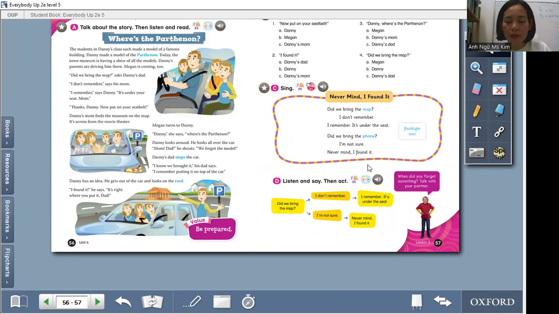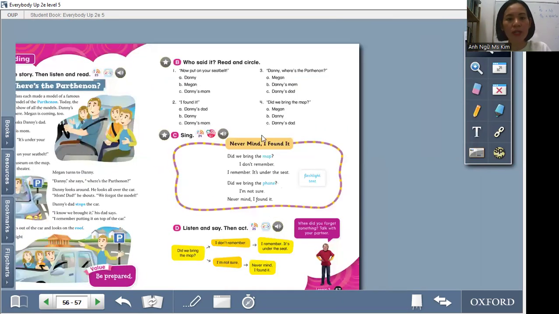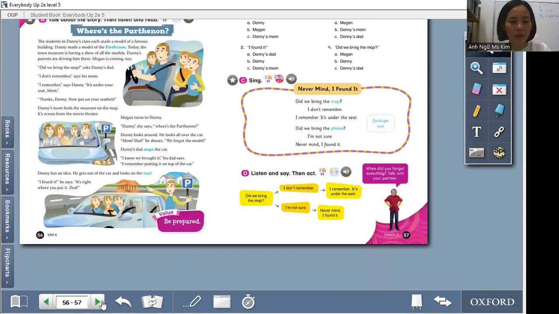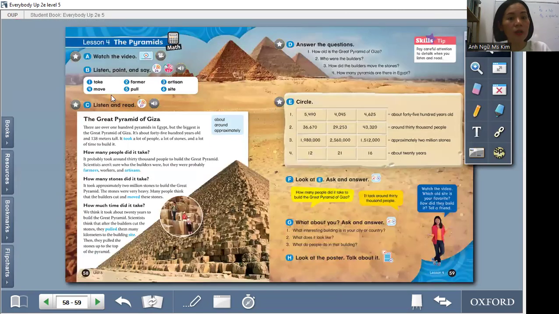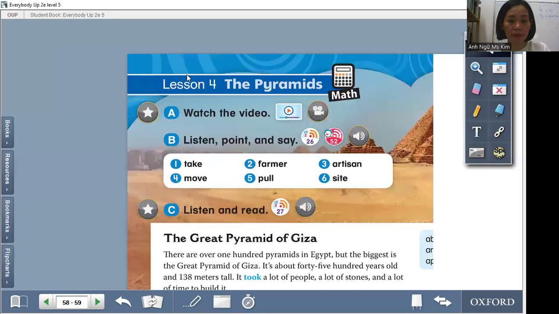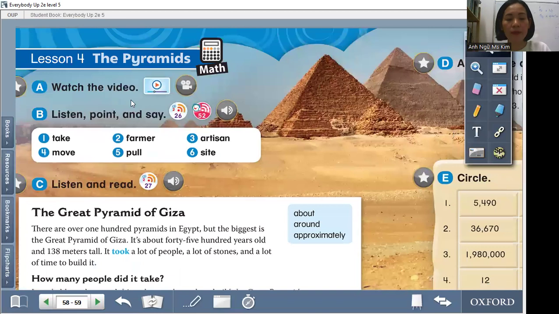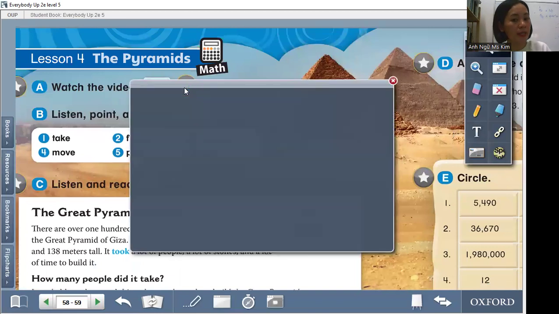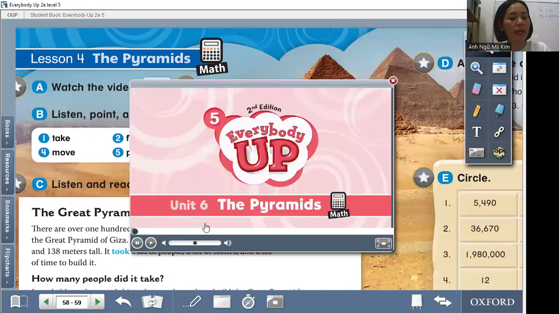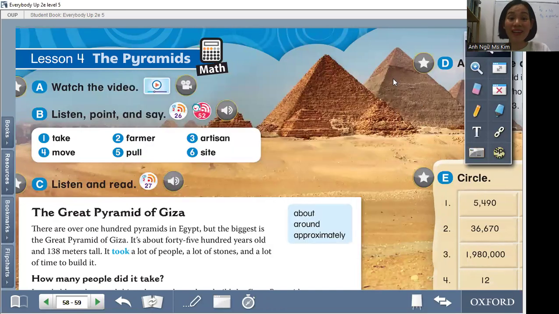Then you move to this part and let her do the things here also. When you finish this part, it is lesson 4. Lesson 4 is more reading, and you can also show her the video here, so she can watch a movie about science.